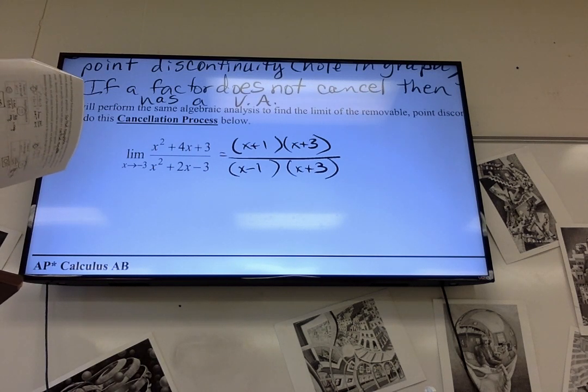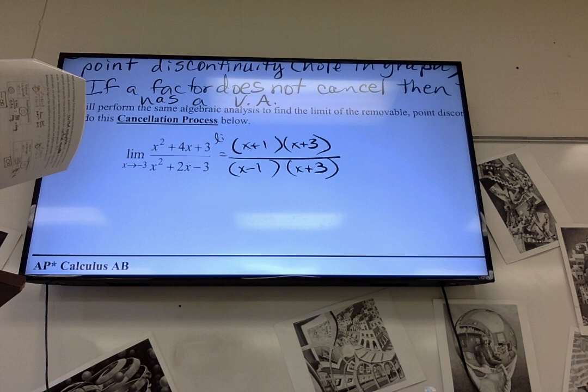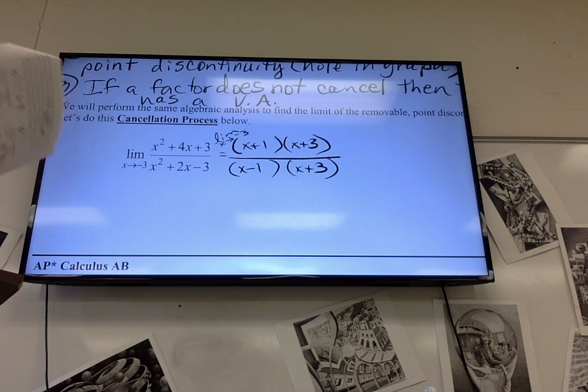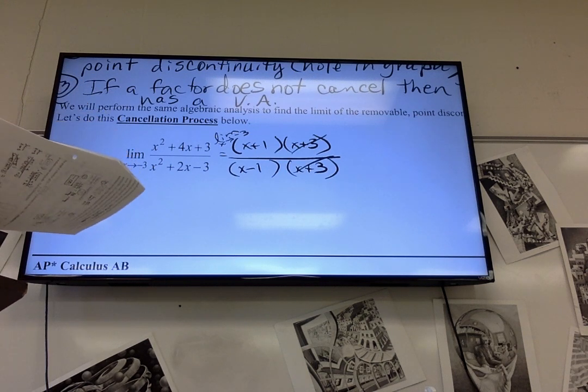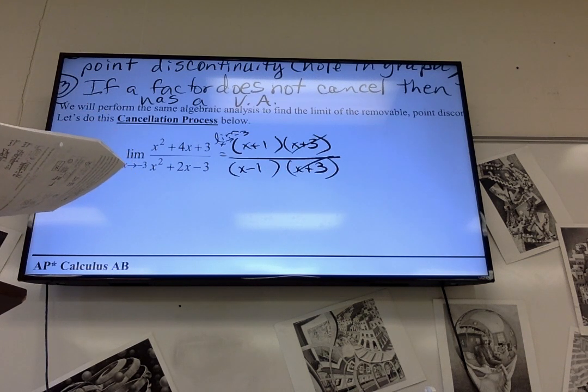And I should have written out here in front the limit as X approaches negative 3. So now these two will cancel, right? So the limit as X approaches negative 3 of X plus 1 over X minus 1.